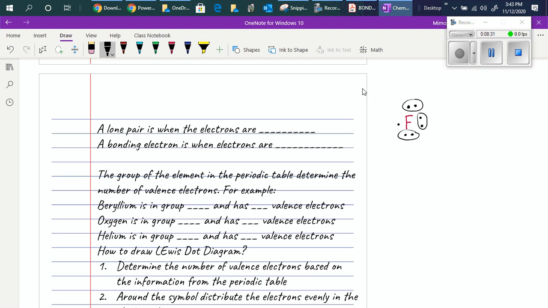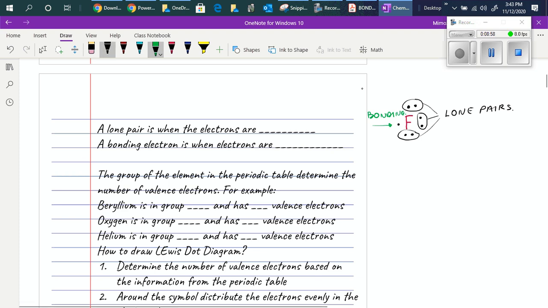So those electrons are known as the lone pairs, in contrast with the bonding electrons that are single.